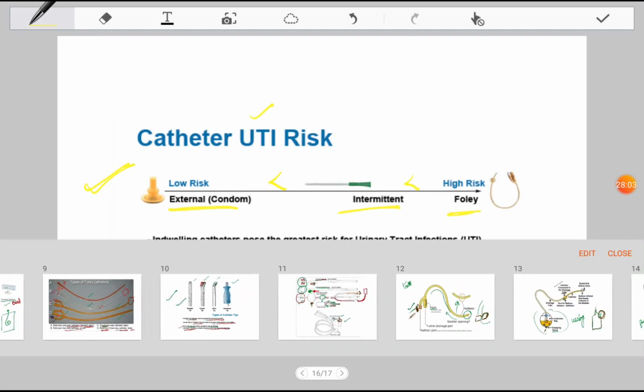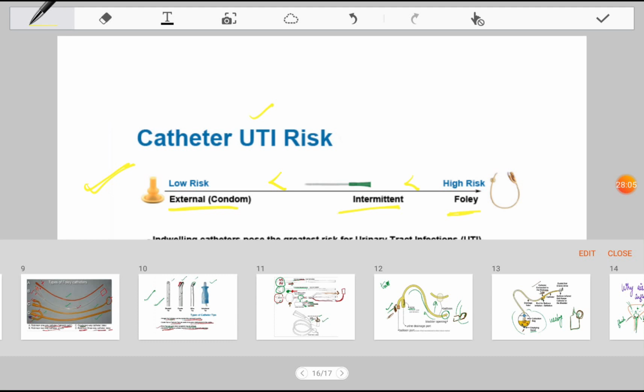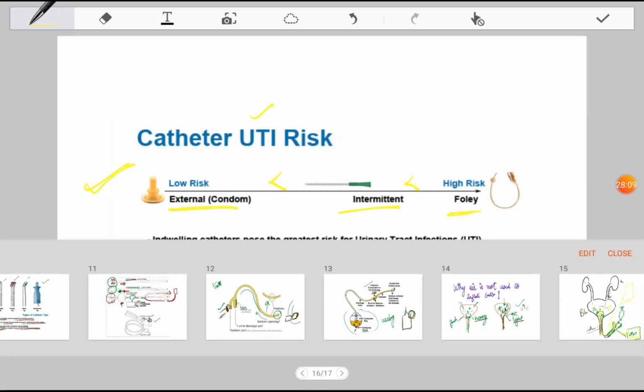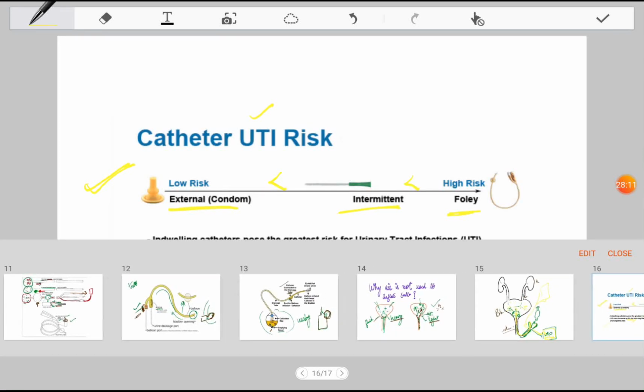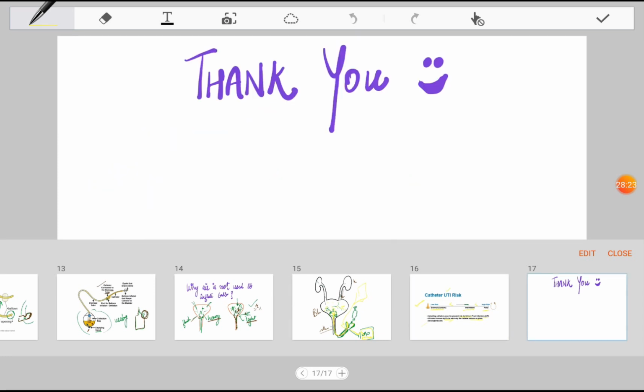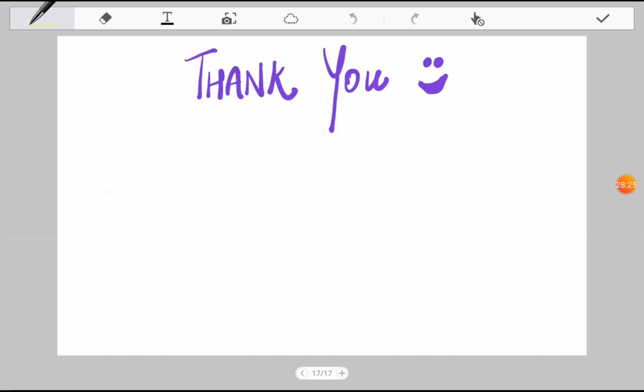Then we discussed different types of Foley's catheters, differences based on tips. Then we learned about the internal structure. Then we answered the questions about the bulb inflation, and we learned about the risks associated with the catheter.